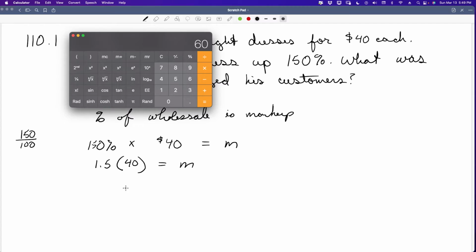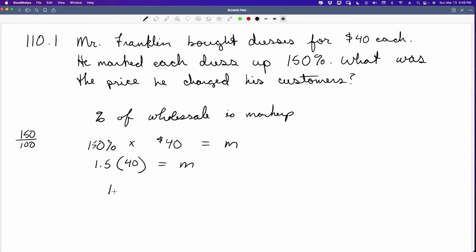So this 1.5 times 40, or what we could say, might be easier to write it like this, 150% is equal to $60. So that is the markup, right? Actually, $60 equals the markup.